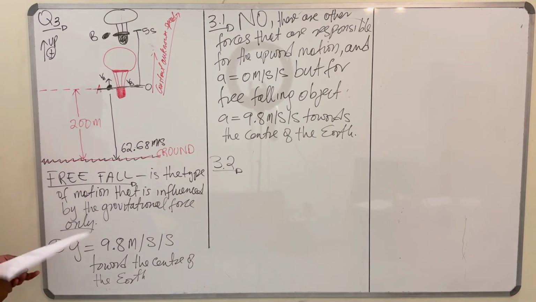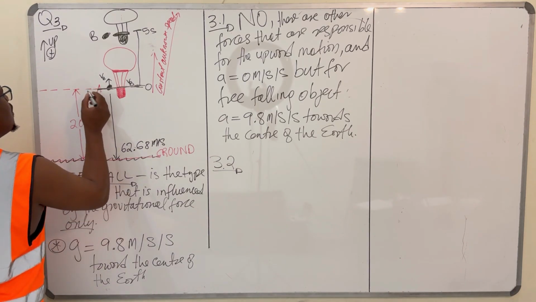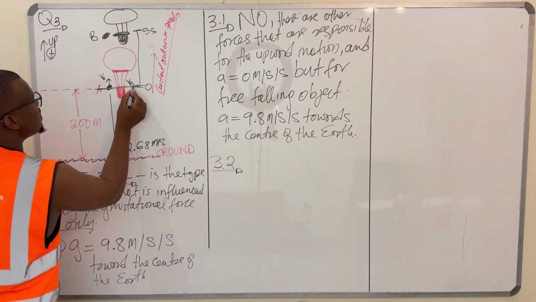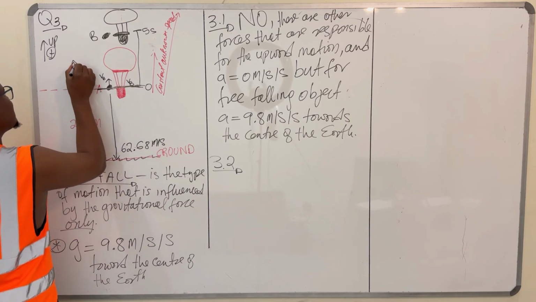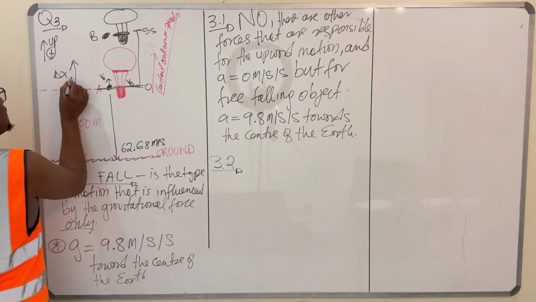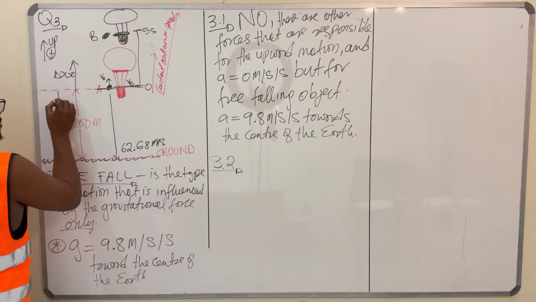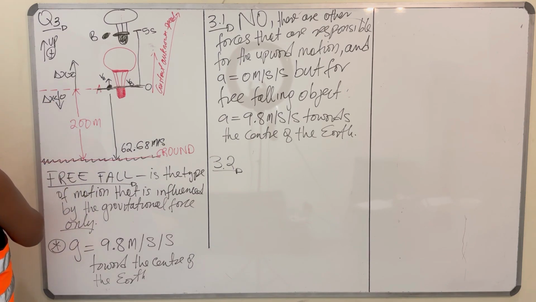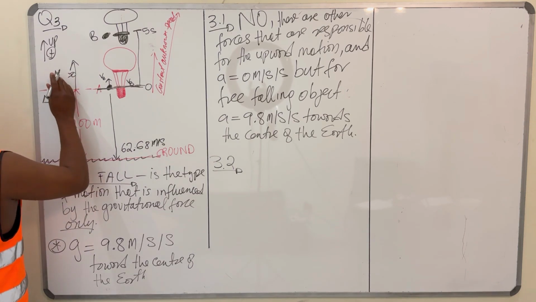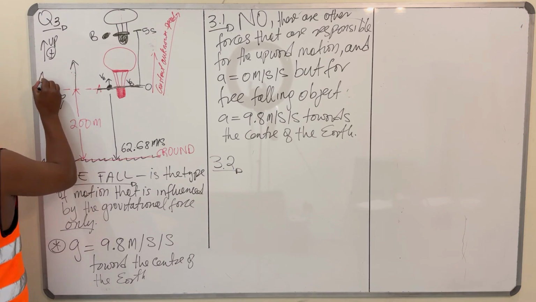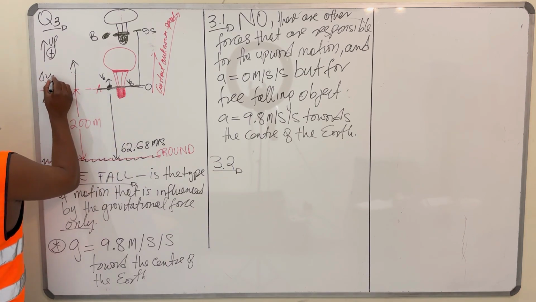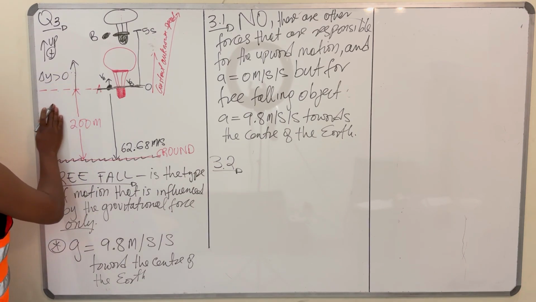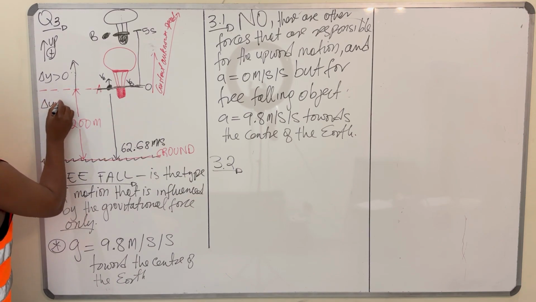So now, this line of mine, I'm taking it as a 0 reference, which means all my delta y, all my displacements above this point will be positive, and all displacements below this point will be negative.